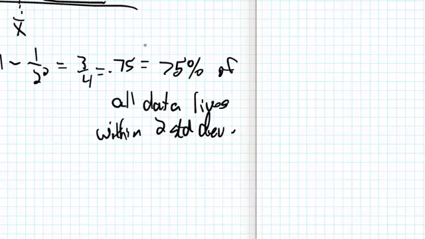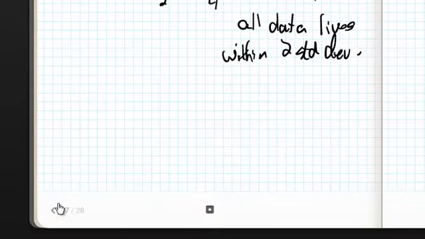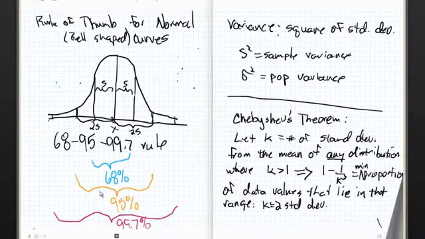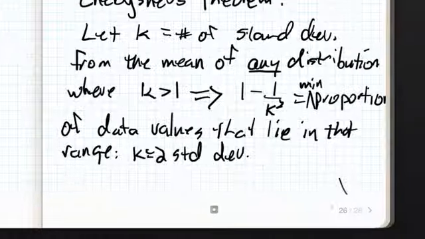Now think of it this way. This is really an at least. It's the bare minimum. So at least 75% of all data lives within 2 standard deviations. Well, we know that that's not a strange thing to say. Remember over here when we had a bell-shaped distribution or a normal distribution, we know that 95% of all the data live 2 standard deviations away, but that was only for a normal distribution.